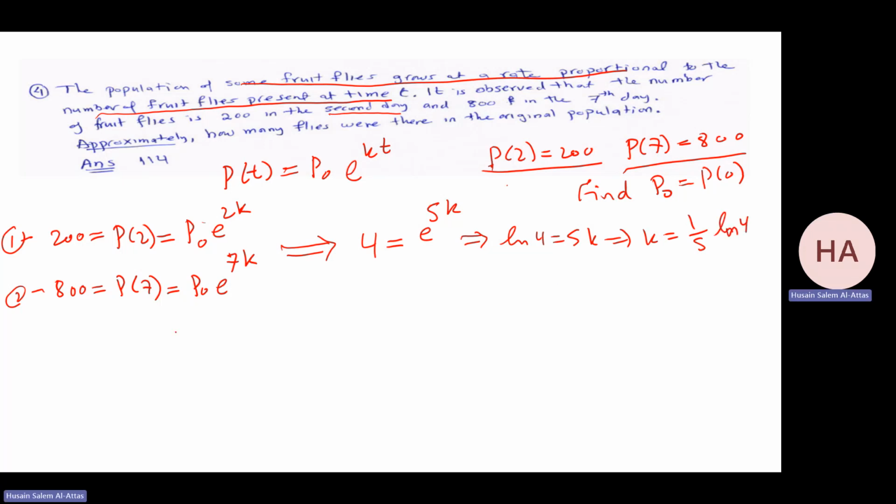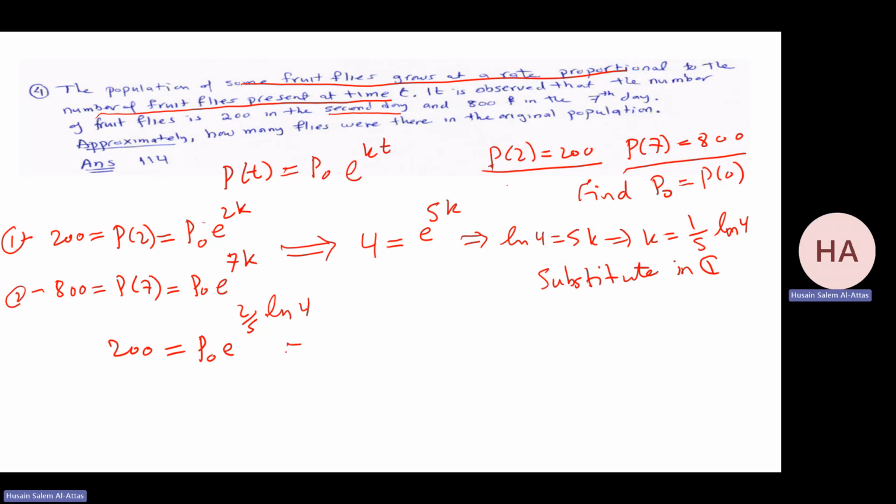Then substitute this in 1. I get what? 200 equals P0 e^(2 over 5 ln 4).